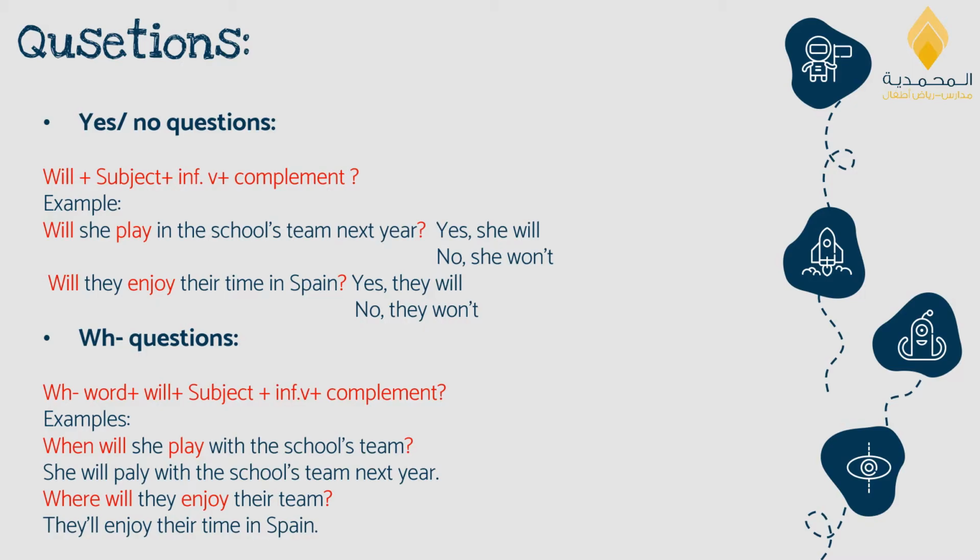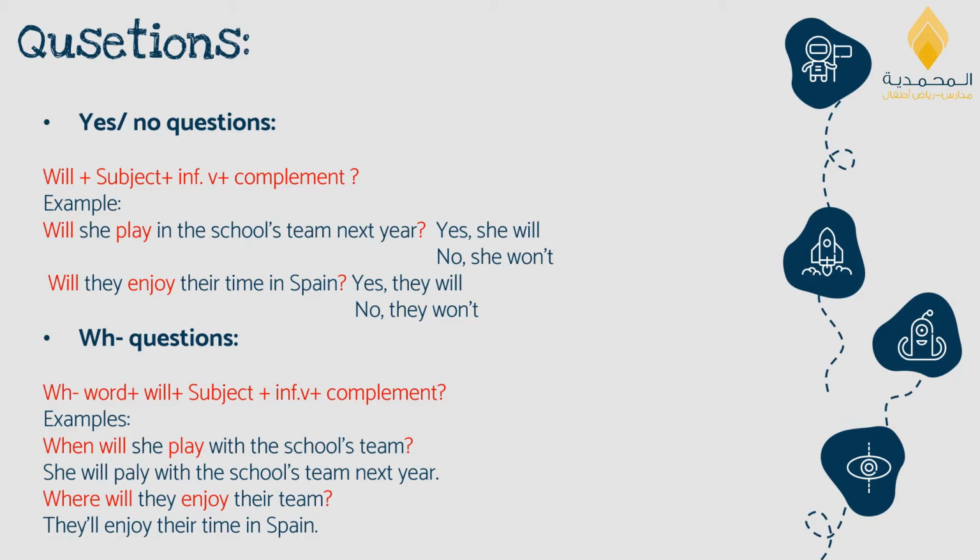Let's move to the second part, which is the WH questions. How to form a WH question for a sentence using will. First of all, add the WH word, switch between the subject and will, the subject followed by the infinitive verb, complement and a question mark. Take a look at these examples.